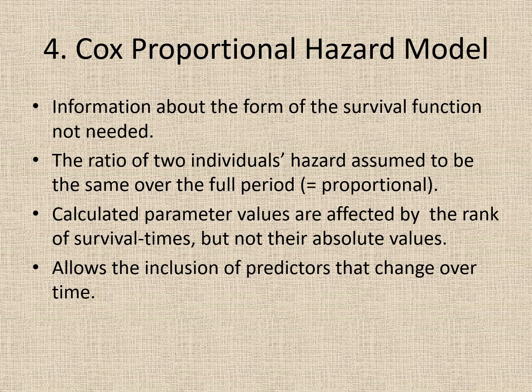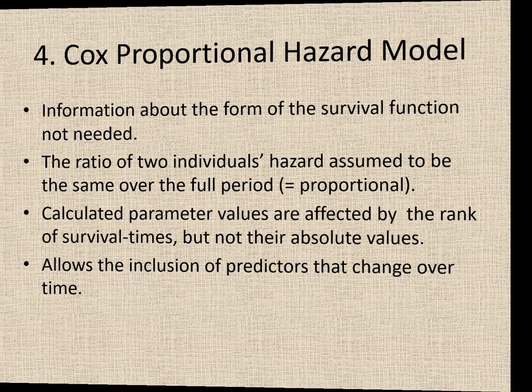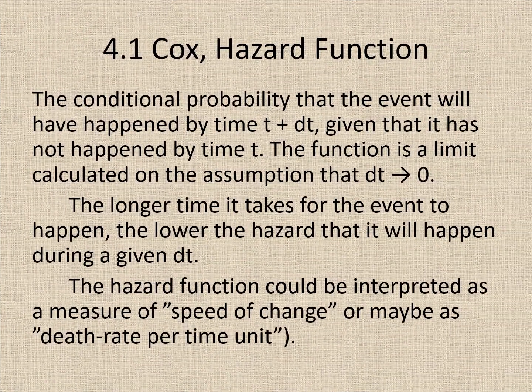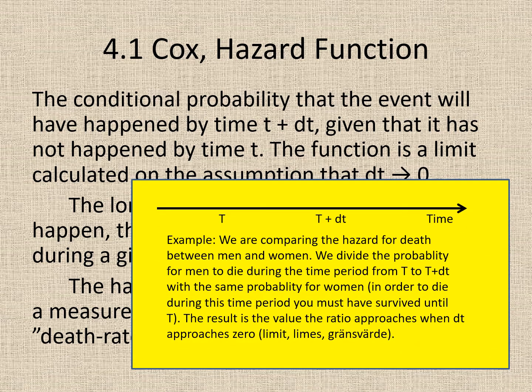And this point we call t plus delta t. Okay? A little bit later. So hazard is a conditional probability. What is the probability for the event to have happened by that time point, given that it has not occurred at this time point?